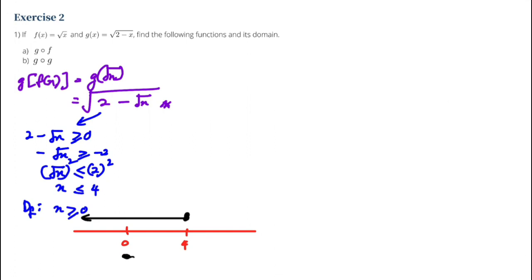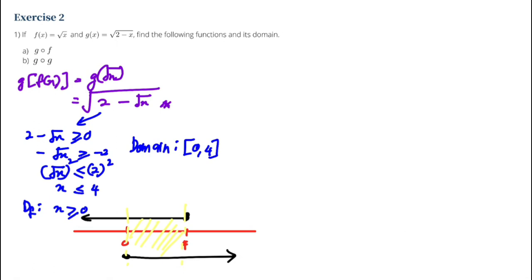For the inner function, it must be greater than or equal to 0. So the lines intersect starting from the value of 0 until the value of 4. Therefore, the final domain of g composite f is closed bracket 0 until 4.